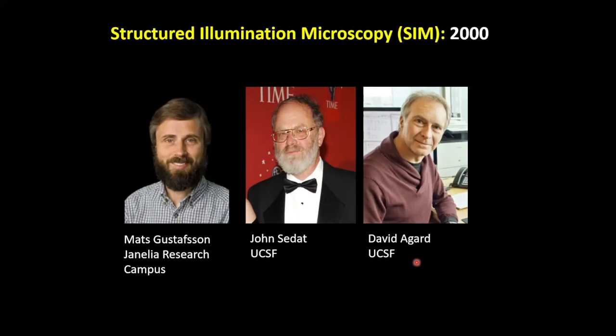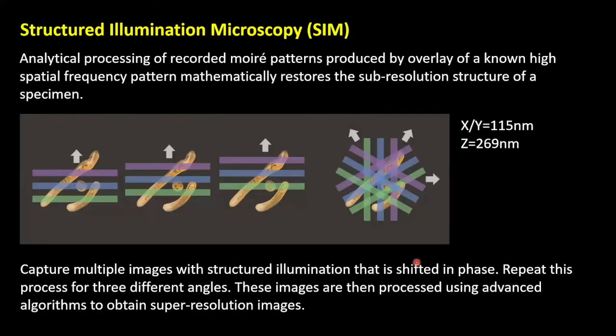This technology is rather more difficult compared with the previous ones, like PALM/STORM and also STED. It uses a moiré pattern that goes through the sample and is also rotated. So you get different so-called phase and frequency information, and that information is then transformed by a Fourier transform.